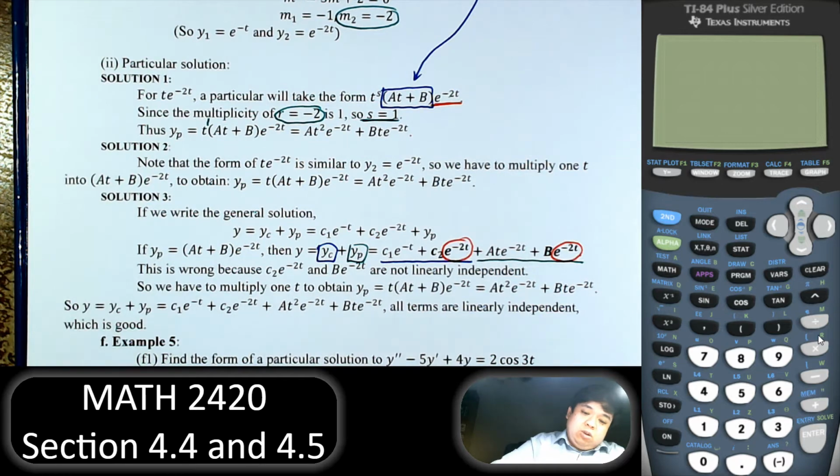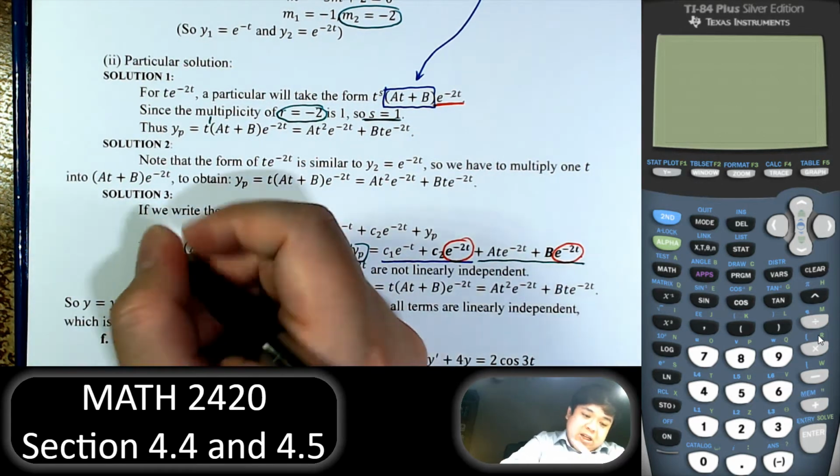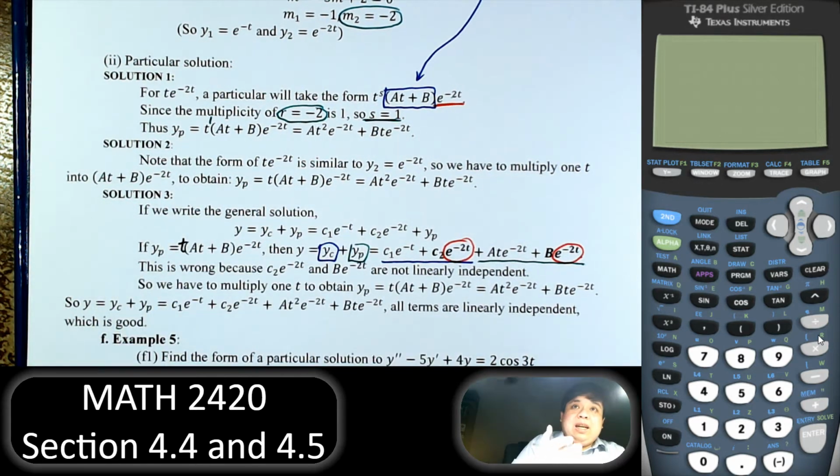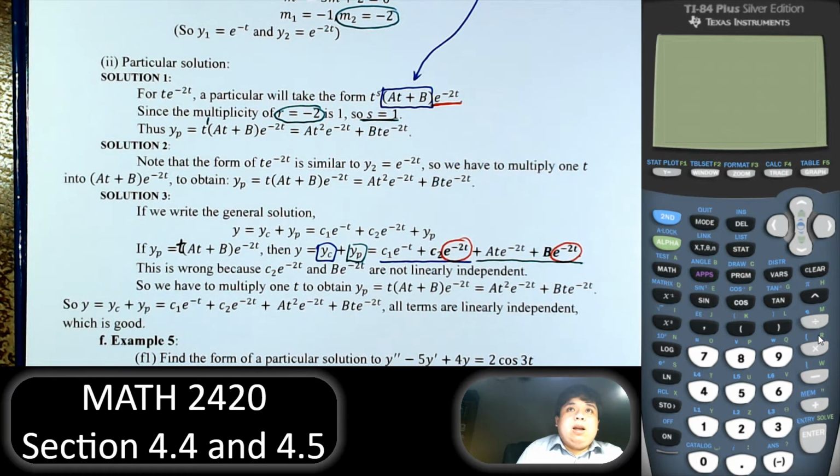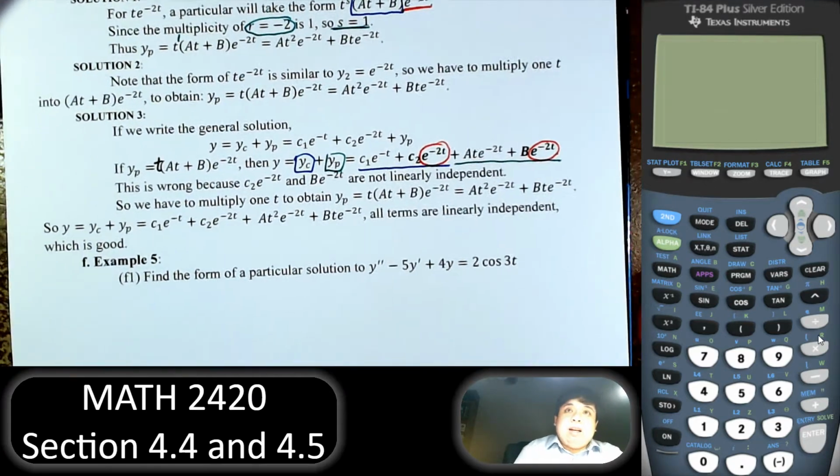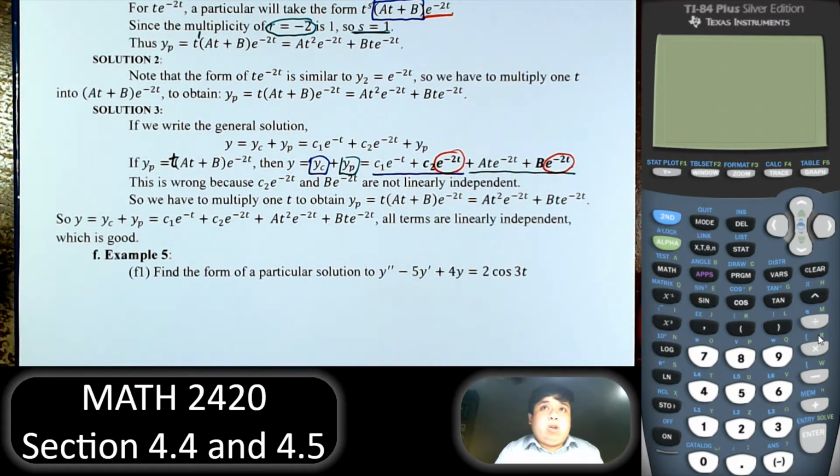So that's why we have to multiply by a t here, for linear independence. Right? Yeah. So that is how I would approach the problem.